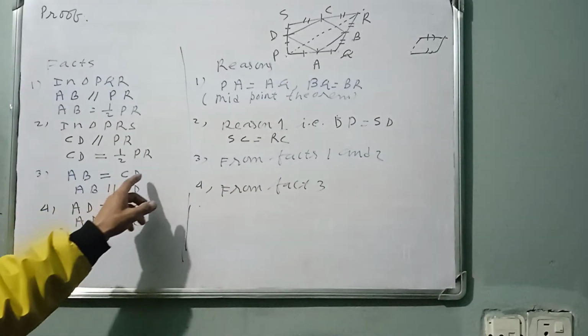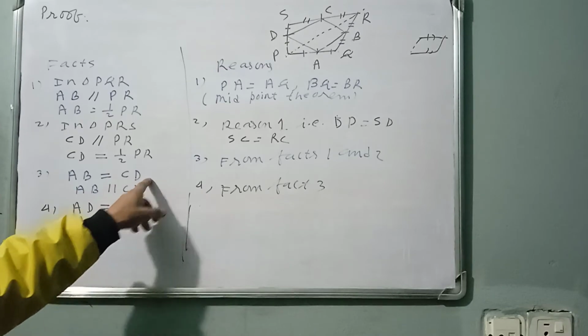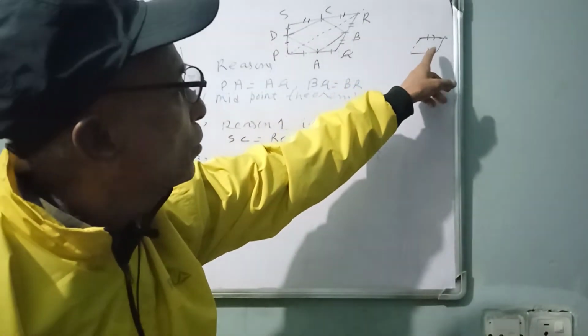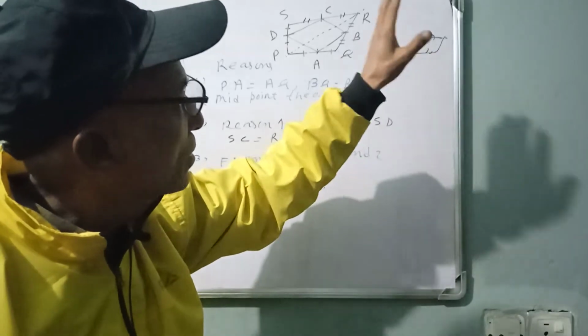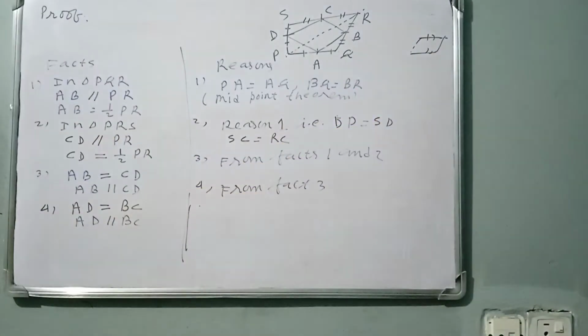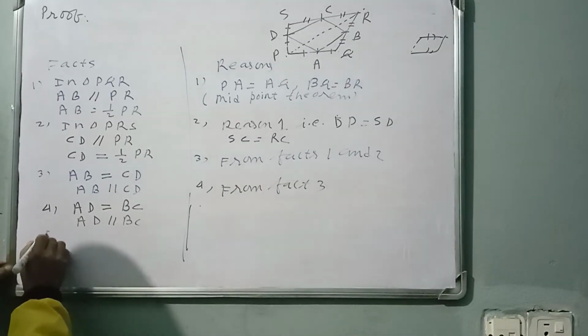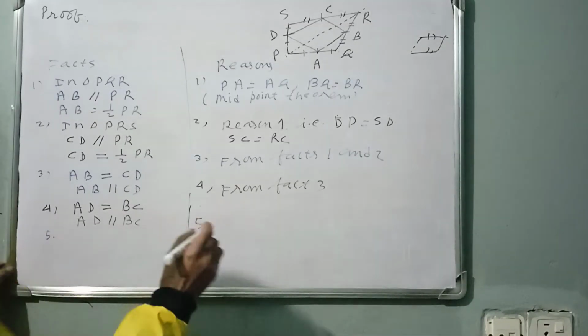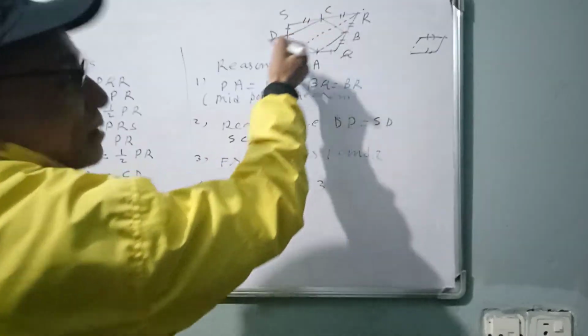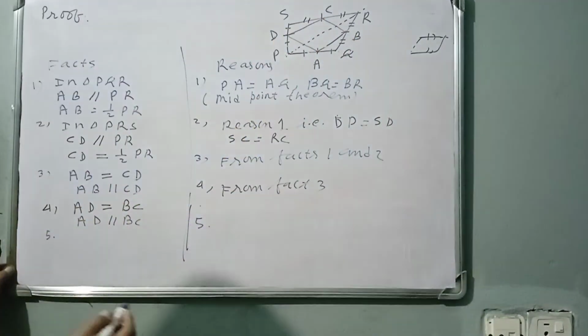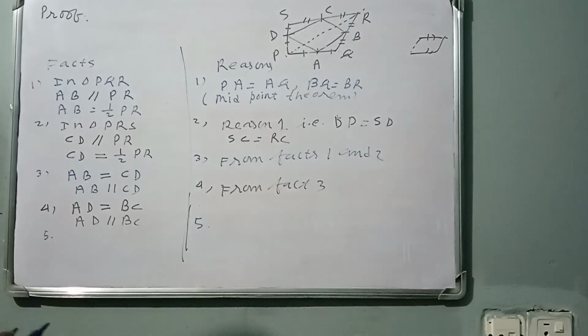That is, the lines joining the end points of two equal and parallel sides on the same side are also equal and parallel. From fact 3, here we can see that AB and CD are equal and parallel. AD and BC are also equal and parallel.